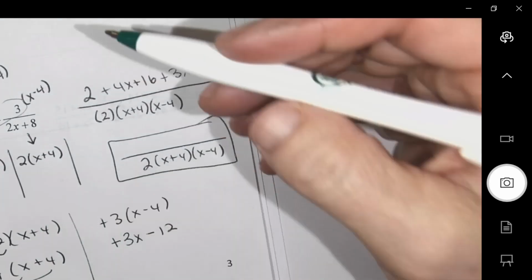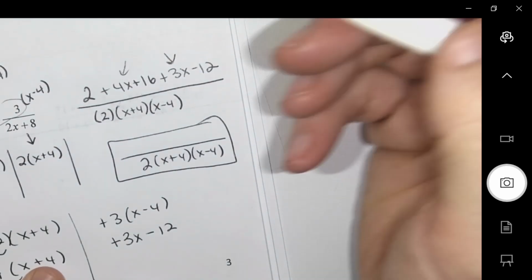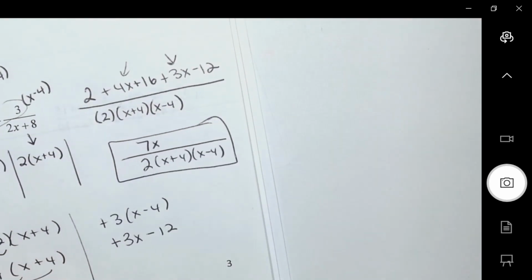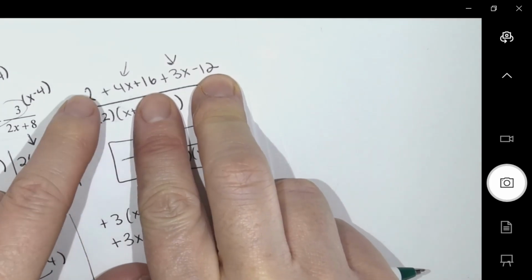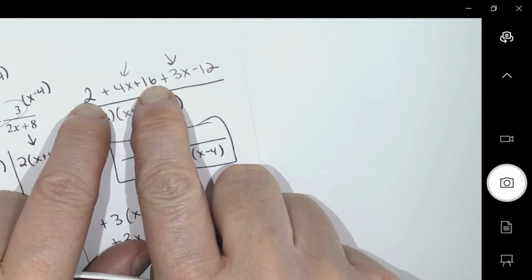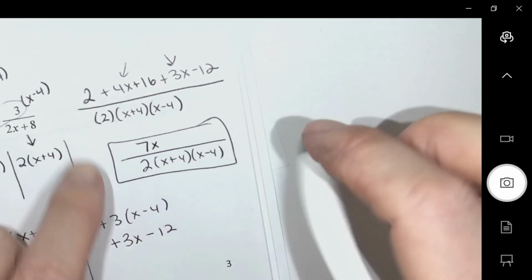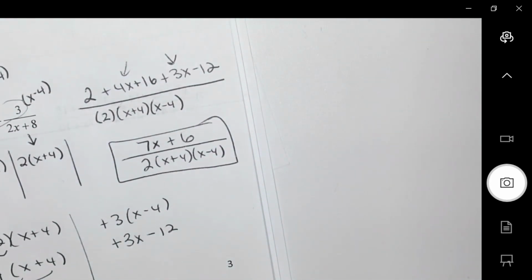Okay, let's put all of our x's together first. So there and there. So I have 7x. Okay, can we do this in our head? 2 plus 16. We're at 18. Minus 12 plus 6. There we go. That is it.